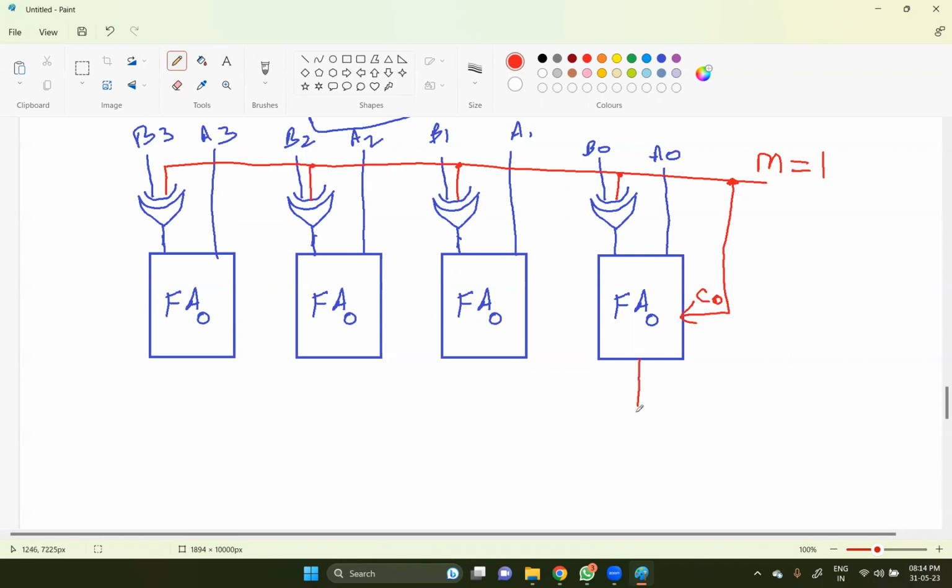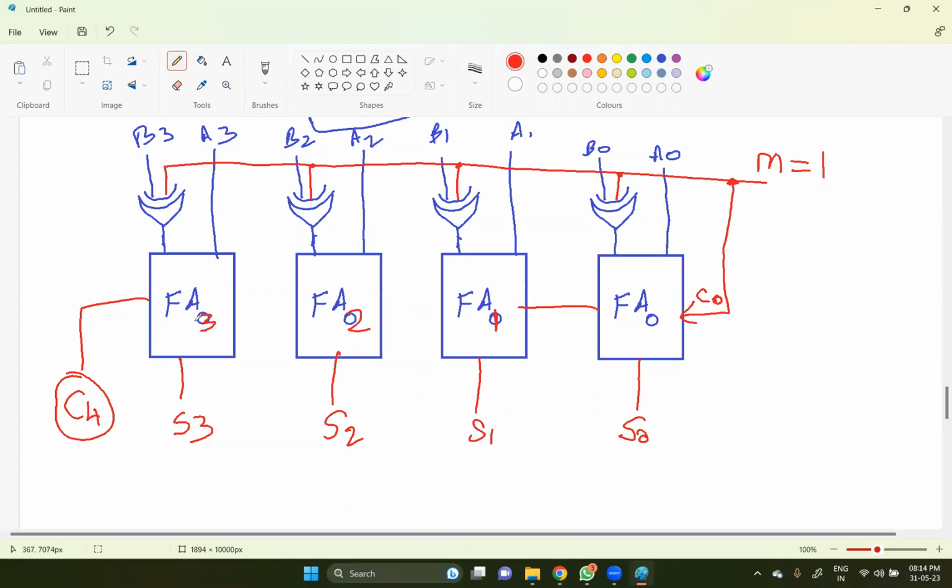And of course, one sum will be there. This is S0, this is S1, this is S2, and this is S3, and finally carry 4. You need to eliminate this carry 4 for a while, because the carry 4 value will always decide whether to add a negative sign or not. This is FA0, this is FA1, this is FA2, copied so that everything is seen as it is.